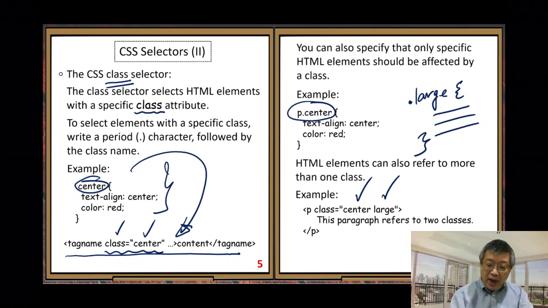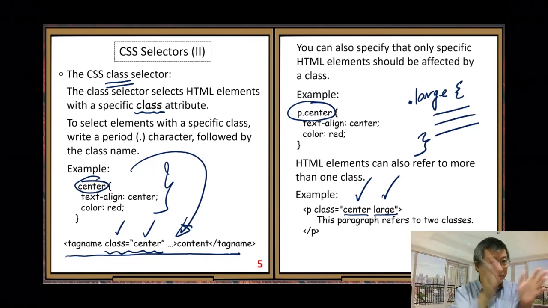Then here, look at how we apply those two different rules on the same element. Class equals, double quotes, class 1, and a space. Use a space to separate.